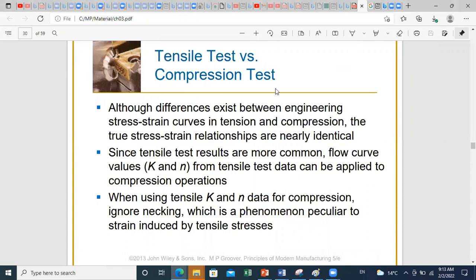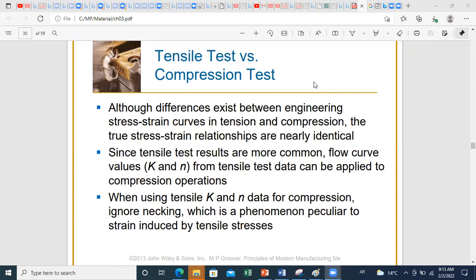What is nice, as we said before, is that for the true curves we have a lot of similarities, not like the engineering curves. Although differences exist between engineering stress-strain curves in tension and compression, the true stress-strain relationships are nearly identical. This is why we can avoid repeating the tests.